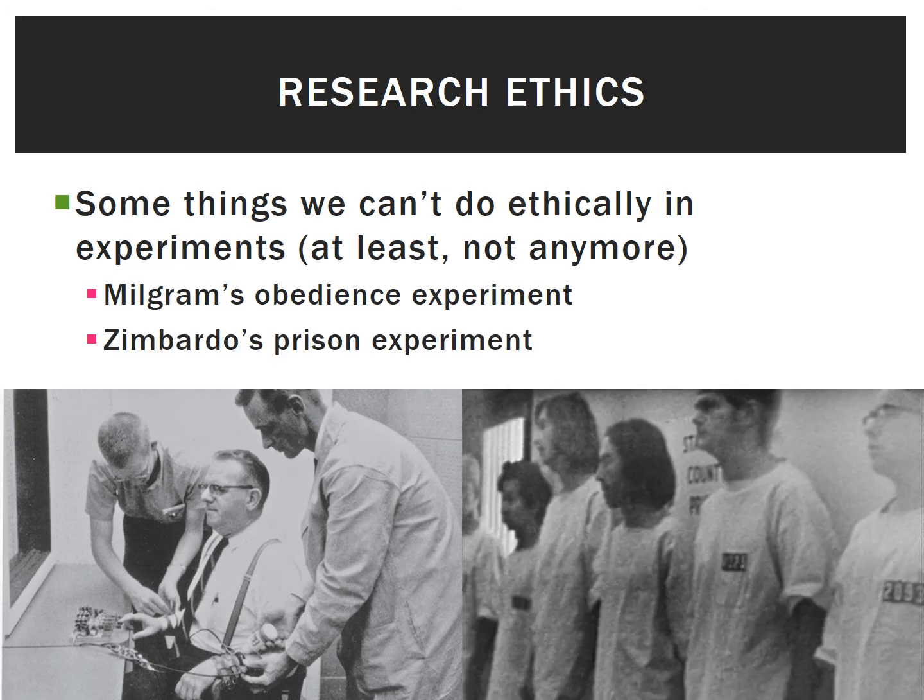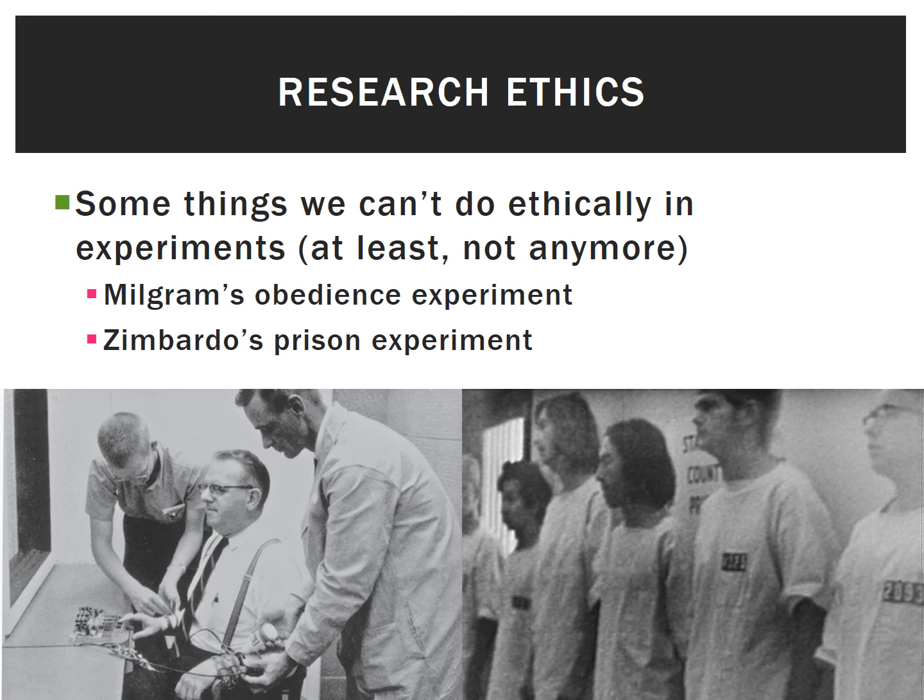You might also remember Zimbardo's prison experiment, which we'll also talk about again in this class when we get to group processes. In this case, he took a bunch of college-age boys and put them in a makeshift prison in the Stanford Psych Department basement. And some of them were guards, some of them were prisoners, and he looked at what happened. And if you remember this from Intro to Psych, it didn't really go very well. It caused, again, a lot of psychological damage.